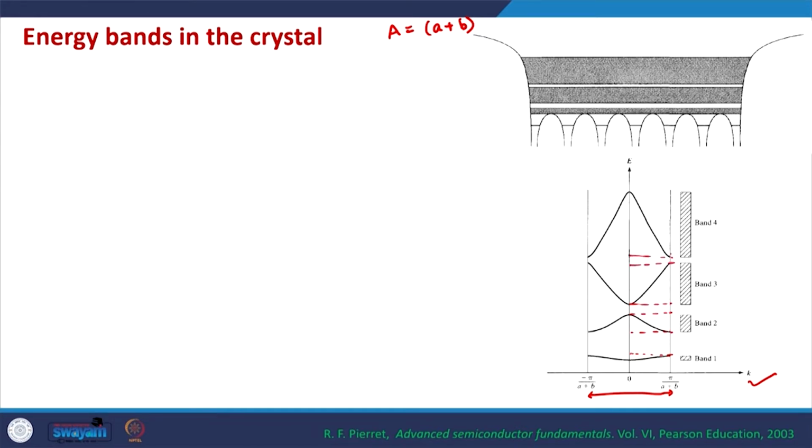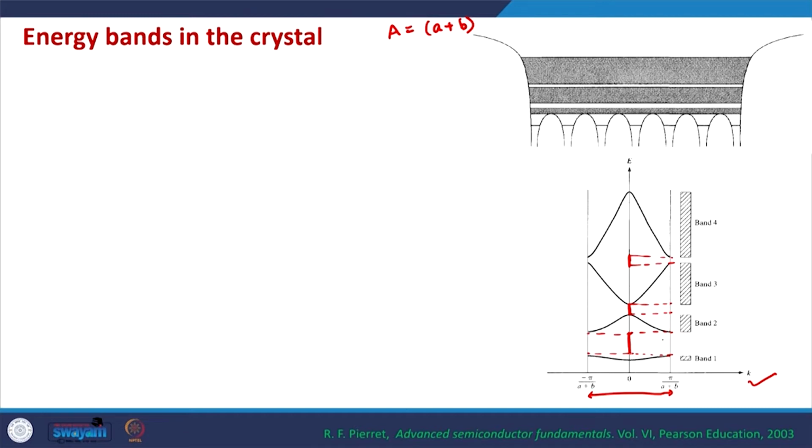So, this y axis is the energy axis, x axis is the K axis, and these highlighted portions on the energy axis are the energy values which do not have valid wave functions of electrons, which means the electrons cannot take these energy values in the solids, or there is no K value corresponding to these E values.